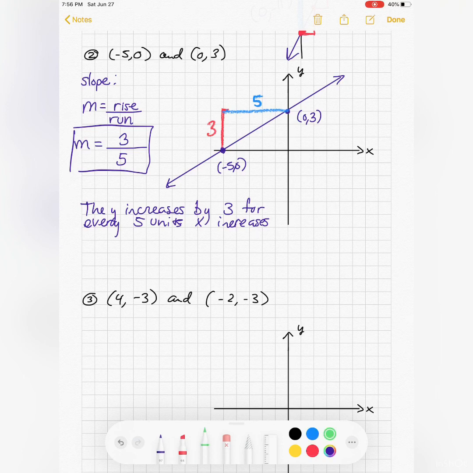Starting say at this point, the y increases by 1, 2, 3 for every 1, 2, 3, 4, 5 units the x increases. So you can see that'd be the next point on that line there.